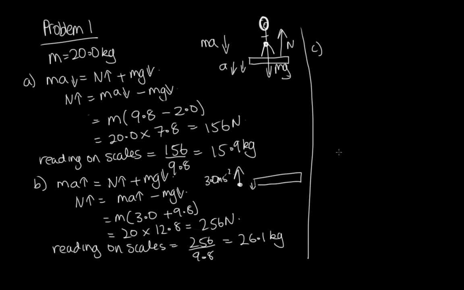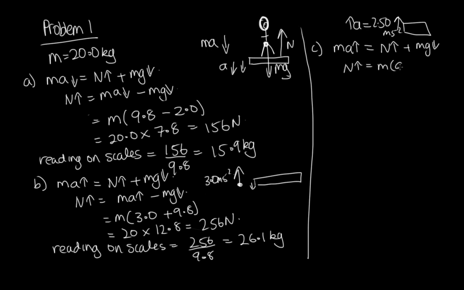In part C, we're told that the lift is now travelling upwards, and it's accelerating upwards with a rate of 2.50 meters per second squared. And so once again, we just do the same thing. We've got Newton's second law. The mass times the acceleration, which is upwards, is equal to the normal force, which is upwards, plus mg, which is downwards. And so we've got the normal force is equal to the mass times the acceleration upwards minus g going downwards.